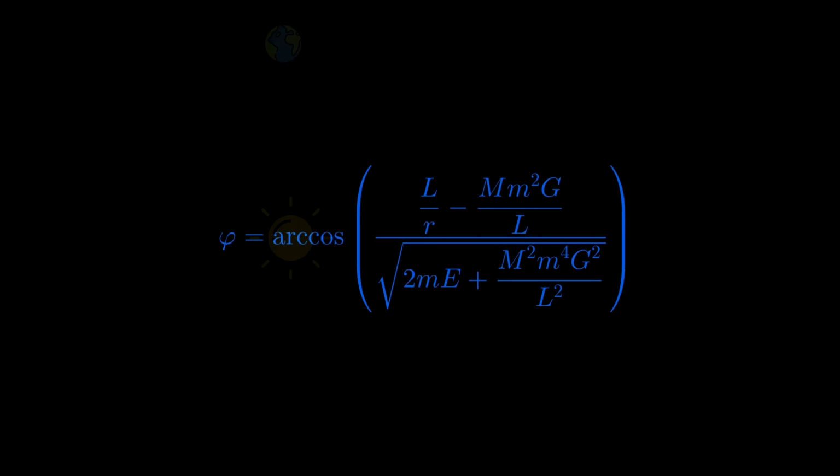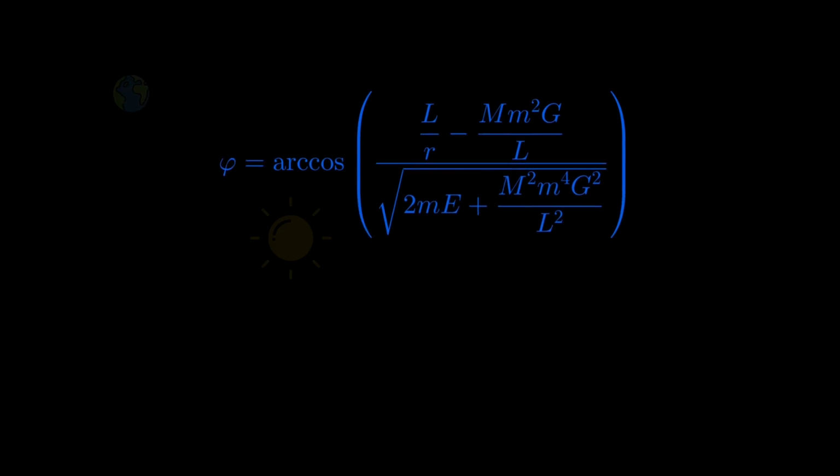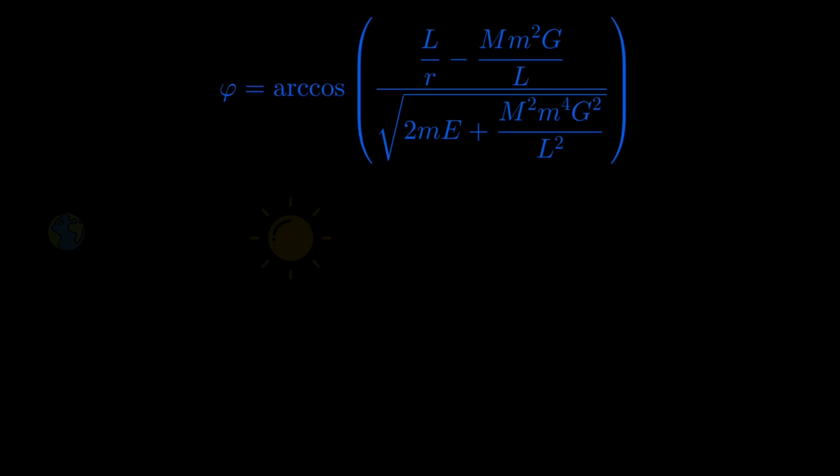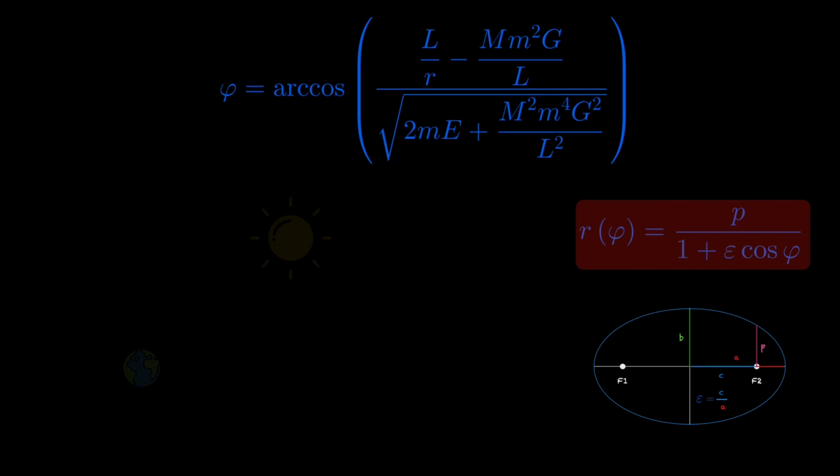This is our expression for the angle phi dependent on the distance r and a bunch of constants. Now we need to remind ourselves what we actually wanted to achieve. We were aiming at proving that planets orbit the Sun in ellipses. The polar equation for an ellipse only contained the angle phi, the distance r, and some constant parameters p and epsilon.